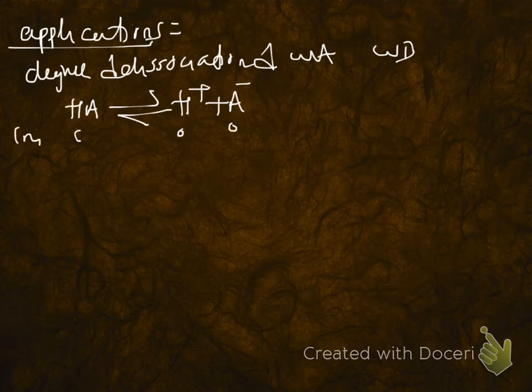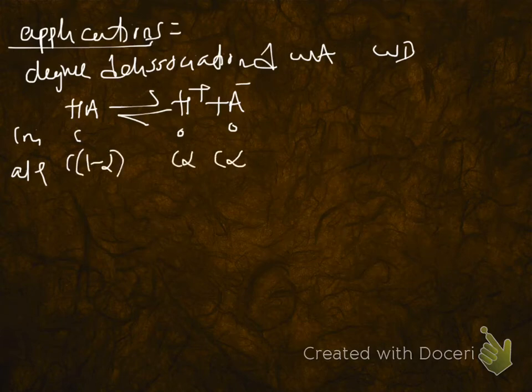But at equilibrium, this is C into 1 minus alpha, C alpha and C alpha. All these things we have discussed for general electrolyte BA. Now it can be applied in a specific case.